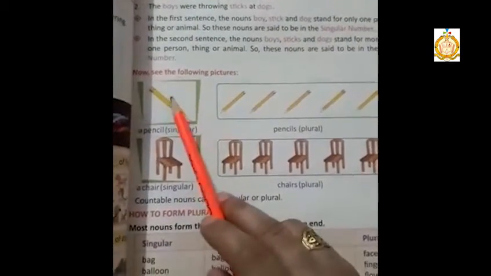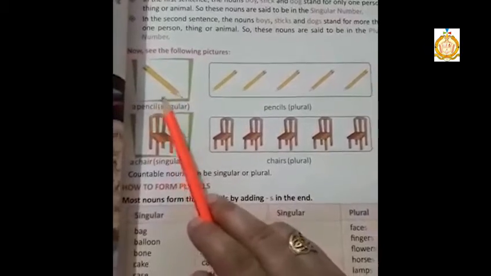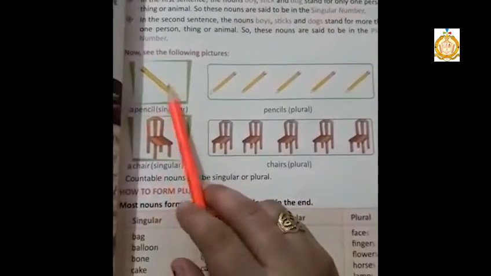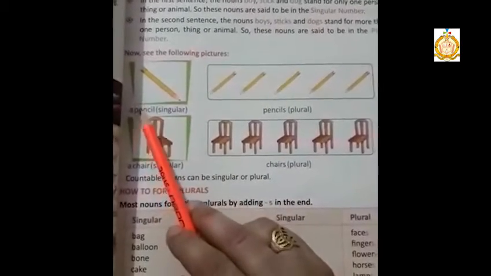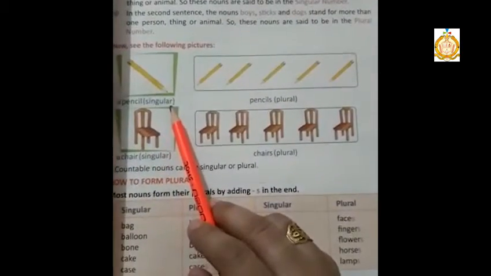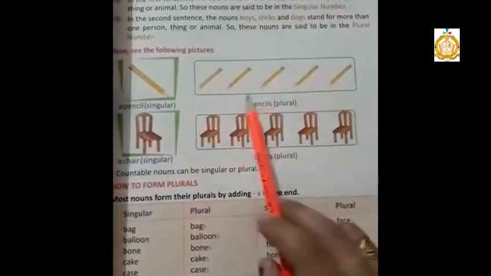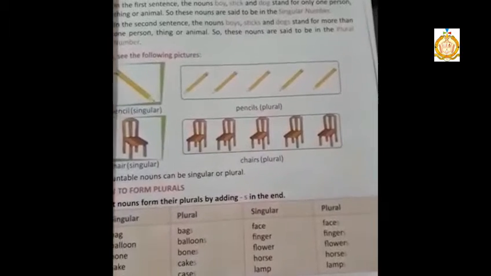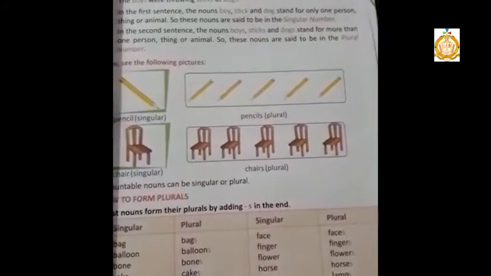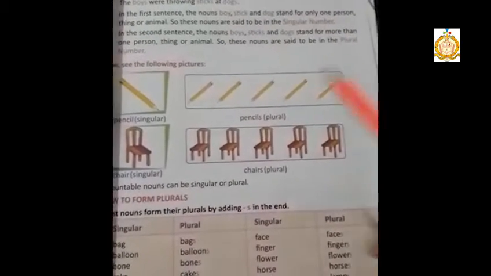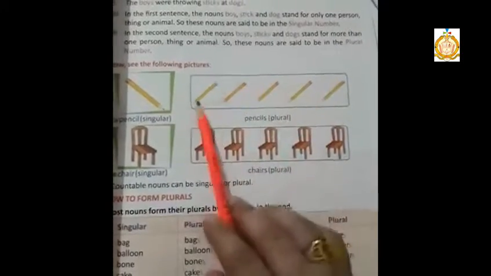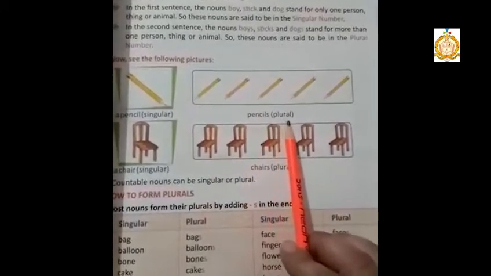Now see this picture. In the first box there is only one pencil, so it is a pencil, it is singular. Now in this big box there are so many pencils, or you can say more than one pencil, so it is pencils, the plural form.